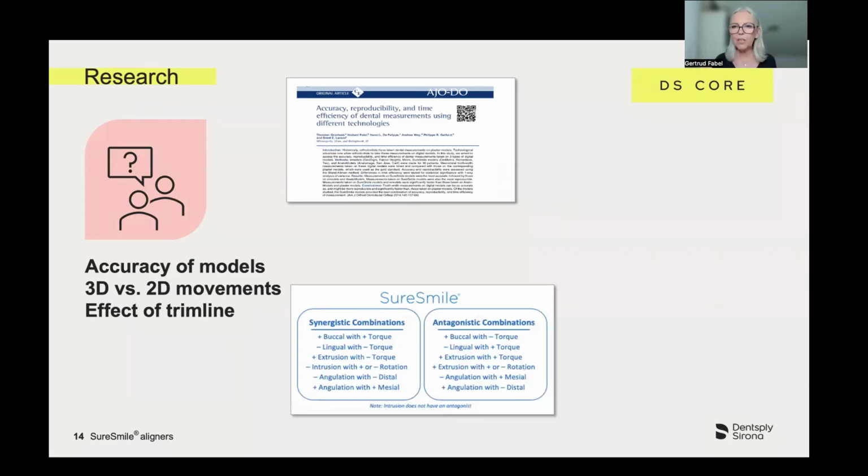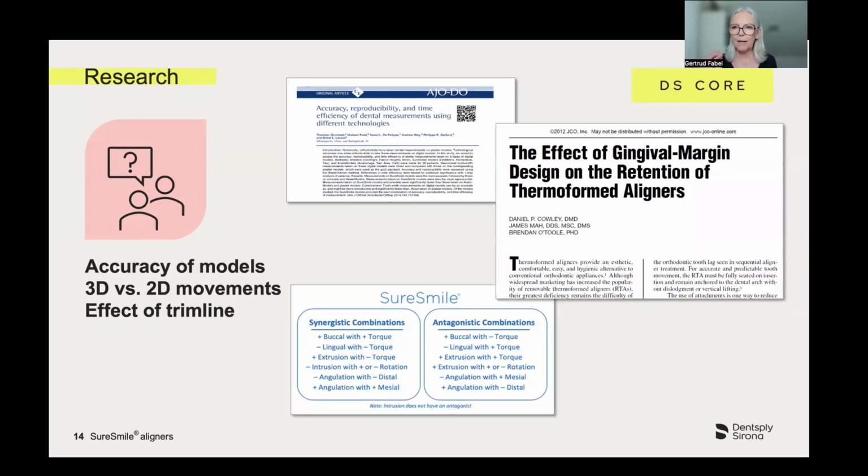We have a special algorithm in the SureSmile software, which I'm going to come back to later in this session. And I read an article about the effect of the margin design of the trim line on the aligner design, which is also very important. And I have a great example for different aligner trim lines to highlight what effect you can get by managing it.